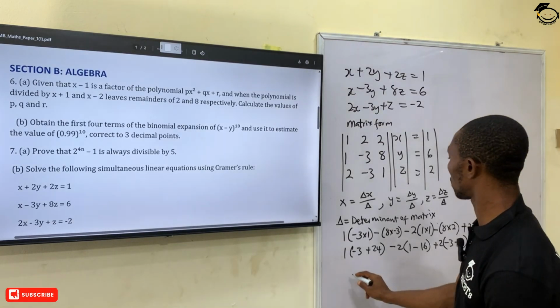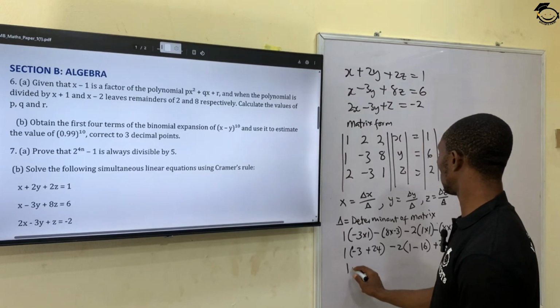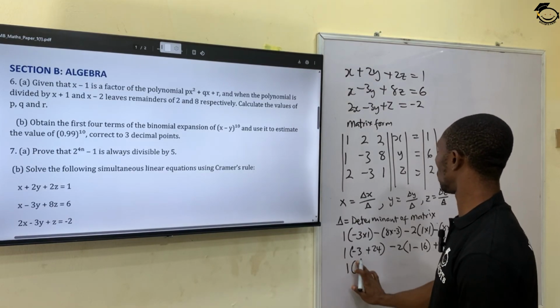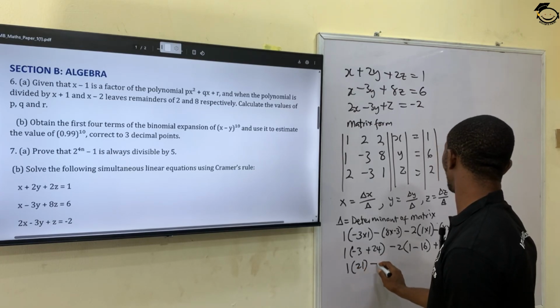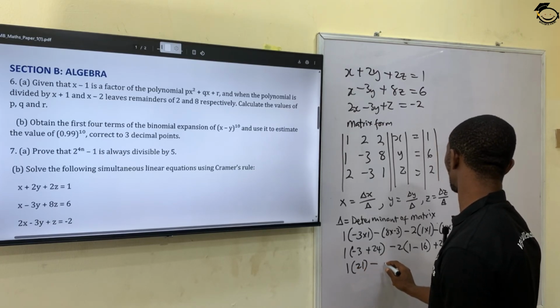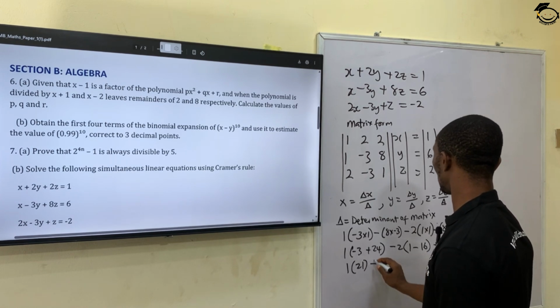So this will give us 1 bracket, 1 times minus 3 plus 24 will give us 21, minus 2 times minus 15.